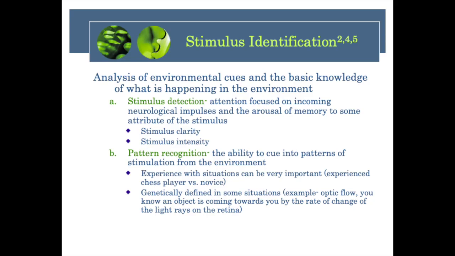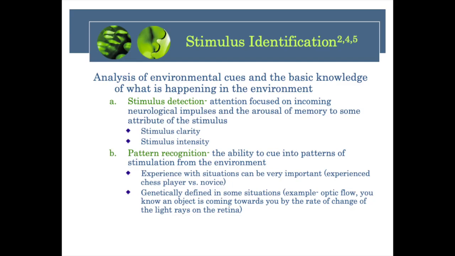Some patterns are probably genetically defined. For example, if you detect optic flow and something coming at you very quickly, you're going to react by ducking or putting up an arm, a very quick response, which some people call reflexive, but it's probably just a very quick response to defend yourself.